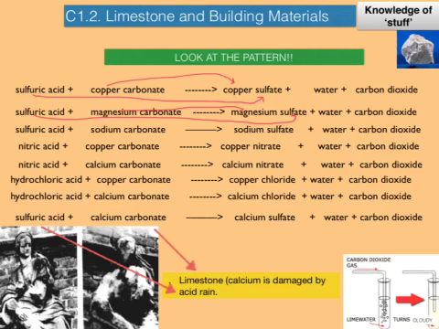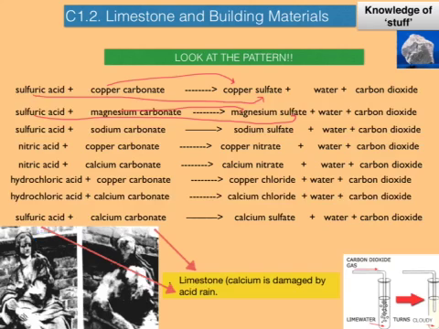An important example is this one here, where I've got sulfuric acid plus calcium carbonate, which hopefully we should now know as limestone. If you react those together, you end up with calcium sulfate plus water plus carbon dioxide. Now the example here relates to acid rain because sulfuric acid is one of the main acids produced in acid rain.